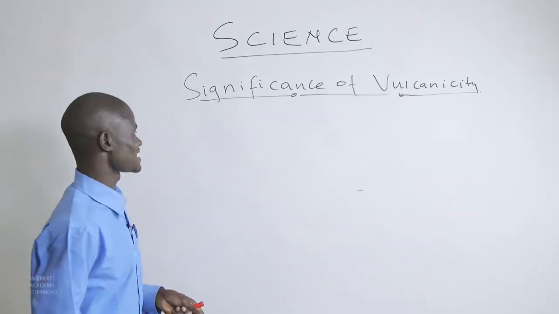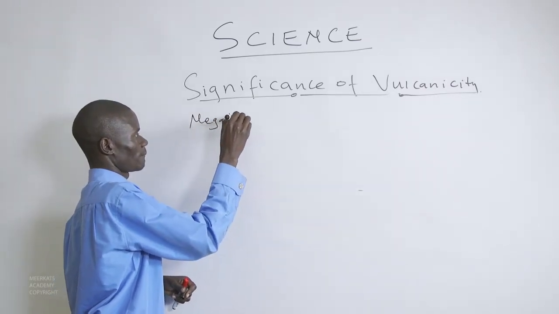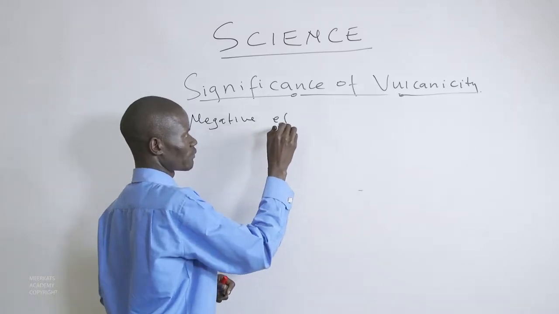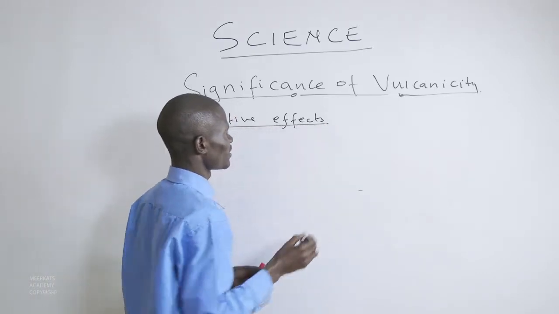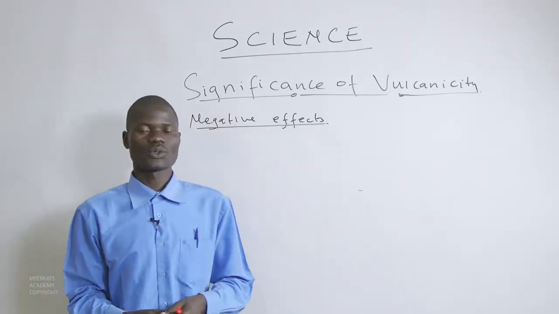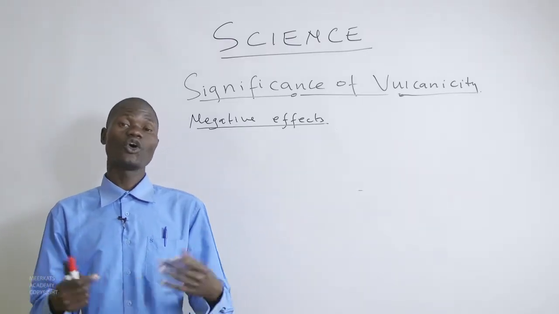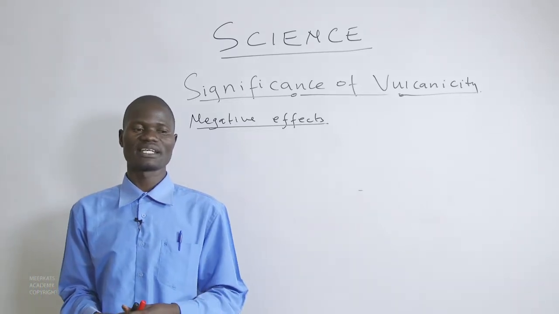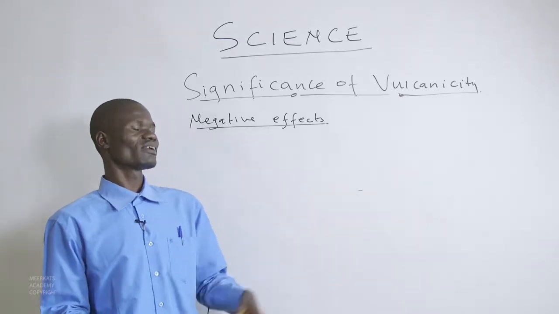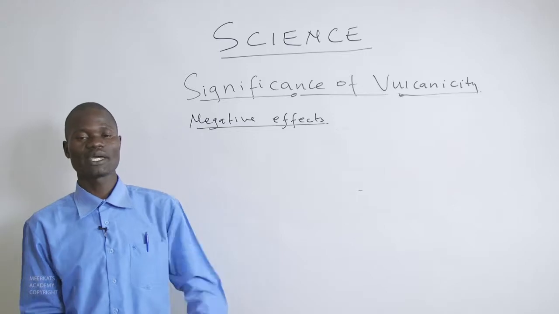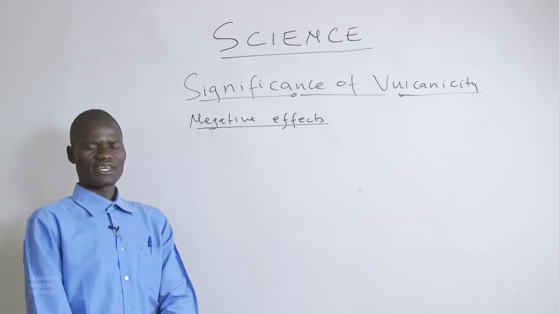Negative effects of volcanicity. When we look at volcanicity at large, though we have been able to identify some of the advantages or positive effects of volcanic activity, we are also able to identify the negative effects.